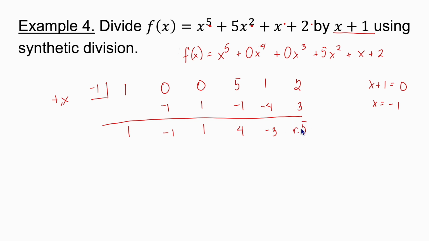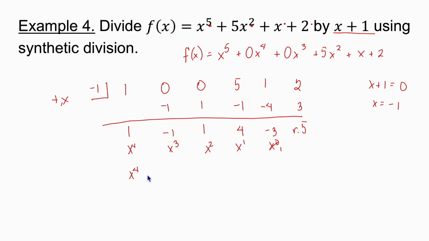Okay, so how will we write now the remainder? Okay, unahin muna natin itong mga to. Ano ba itong mga to? We have x raised to 5, so dapat x raised to 4 siya. Okay, magbawas lang tayo ng isa. Okay, so we have 1 times x raised to 4 is x raised to 4.